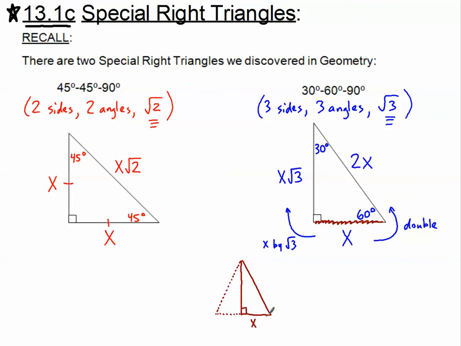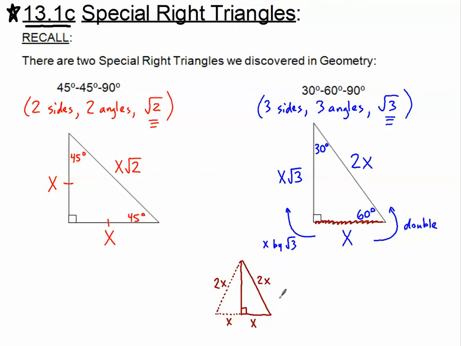If this little leg is X, then this little leg would also be X. And if this whole side of the equilateral triangle is 2X, then all the sides would be 2X. So that's kind of helpful to realize why the short leg times 2 will always be the hypotenuse. Anyway, I like to look at that.